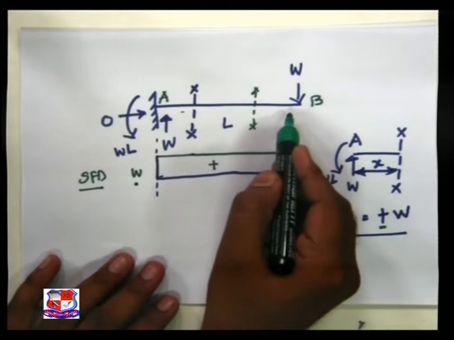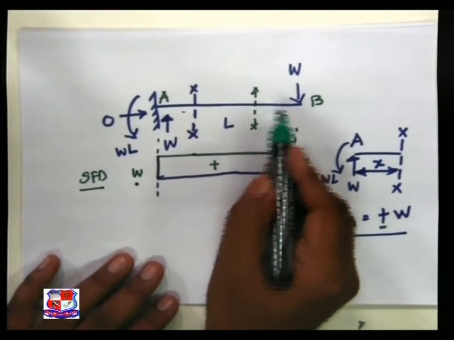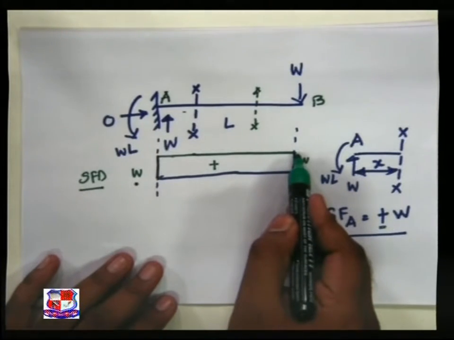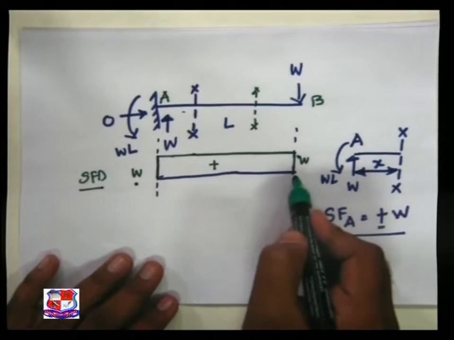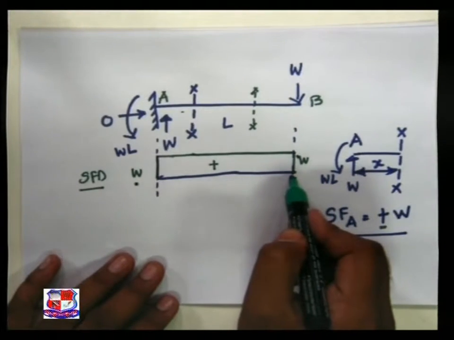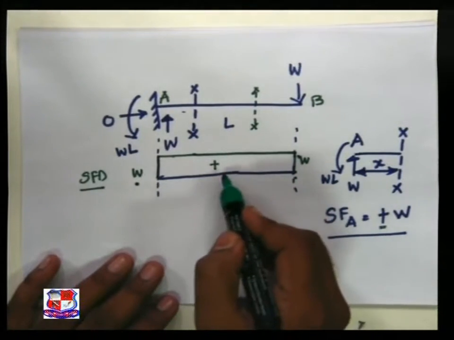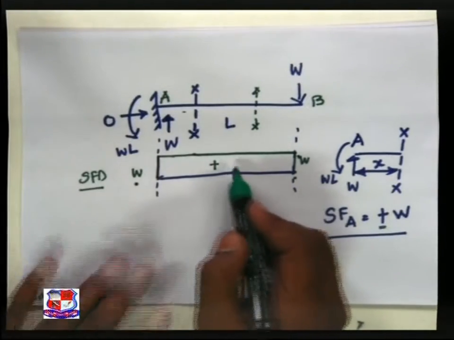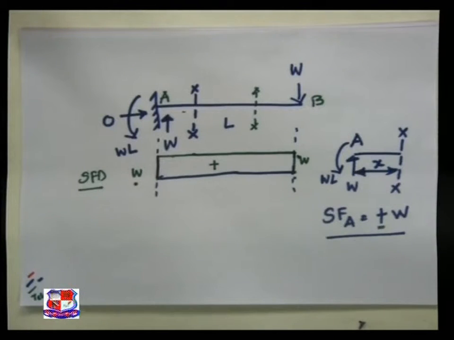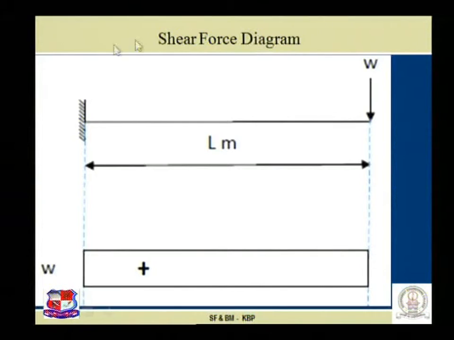The variation of shear force is given as a horizontal straight line, and then W itself, a sudden change when a load is applied. So this is the shear force diagram, which is shown over here in this PPT. Carefully visualize this PPT also.